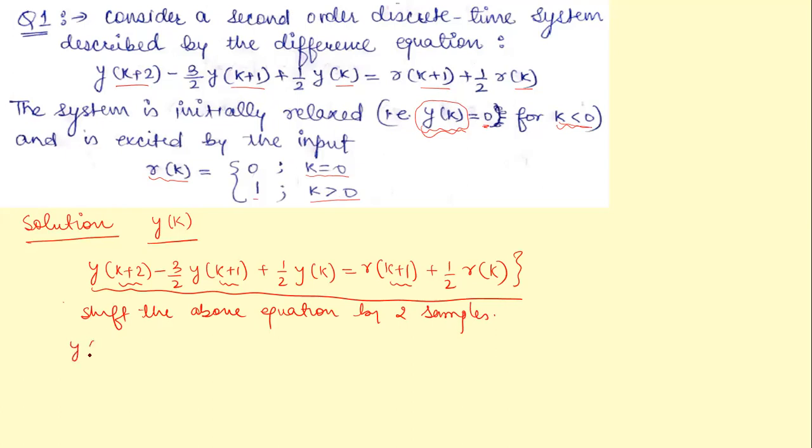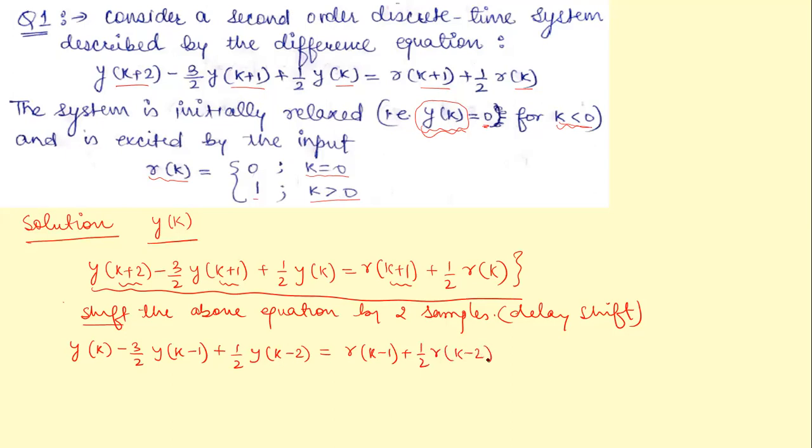The equation will become yk minus 3 by 2 yk minus 1, right? Now we are not doing the advanced shifting, we are doing the delay shifting, right? We are applying the delay shift, right? So it would be then plus 1 by 2 y k minus 2, right? And then it is equal to r k minus 1 plus 1 by 2 r k minus 2, right? So this is, let us say, equation number 1, for example.